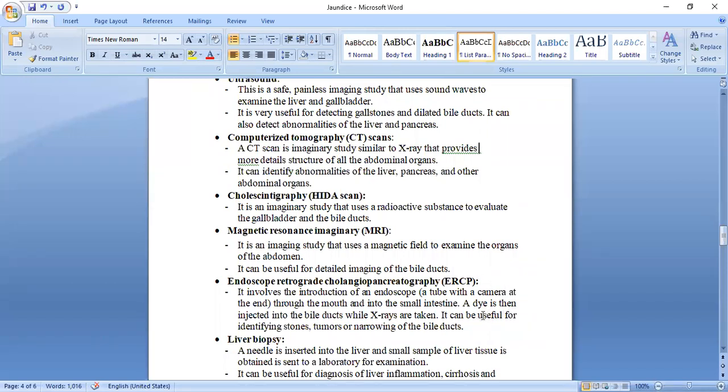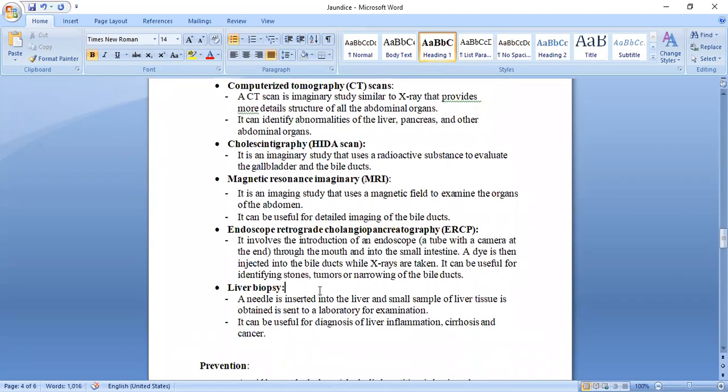Along with this, we give a dye which is injected into the bile ducts, and we take X-rays, which means photographs. We get a clear idea about stones, tumors, and any narrowing of the bile duct. Narrowing means there is obstruction of the bile coming from the liver to the gallbladder or intestine. If there is any such problem, we can check it by this method.